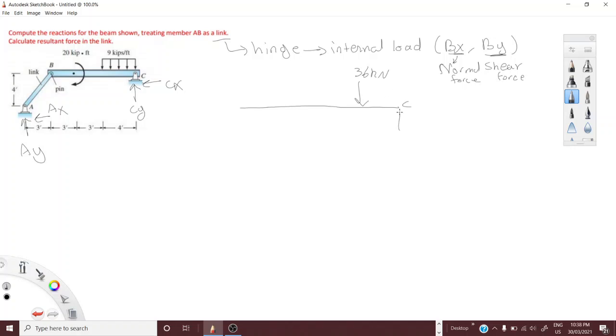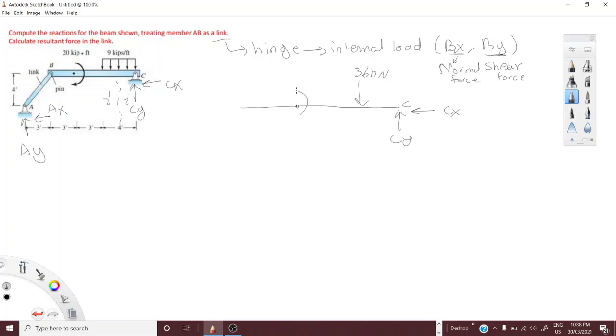At C we have upward force Cy and Cx to the left.